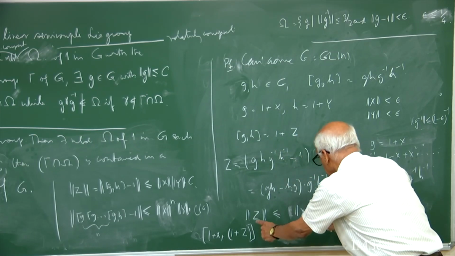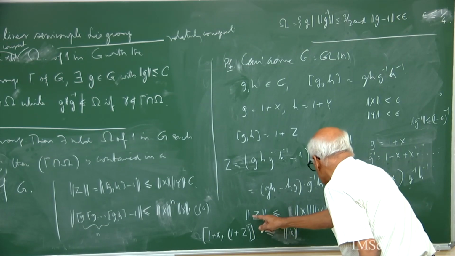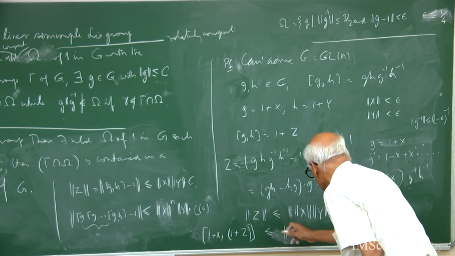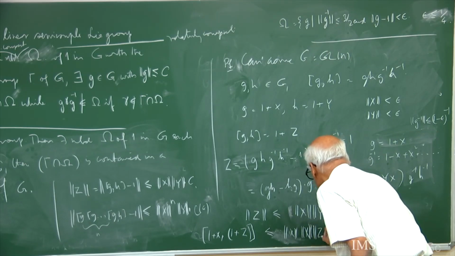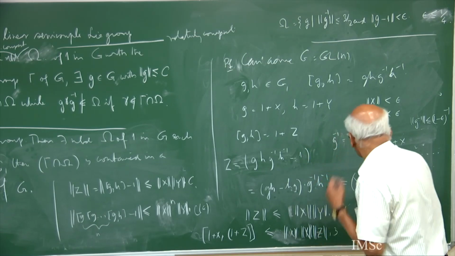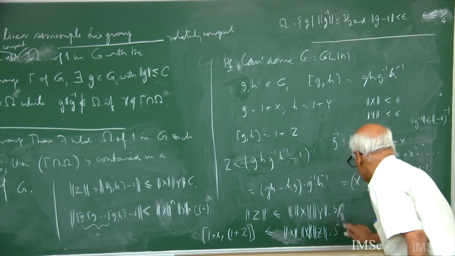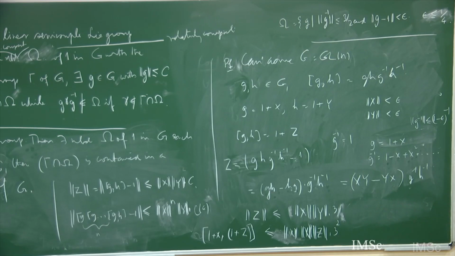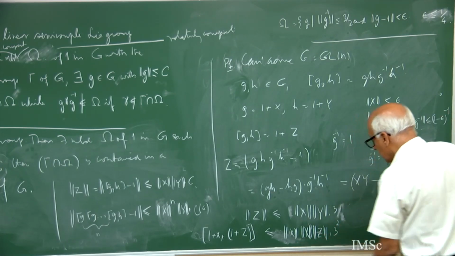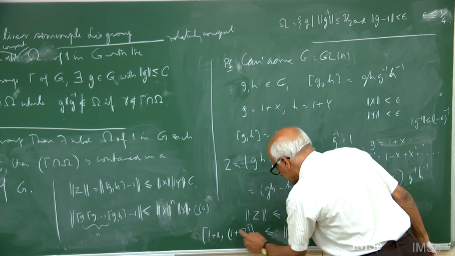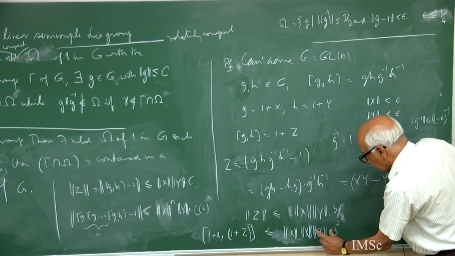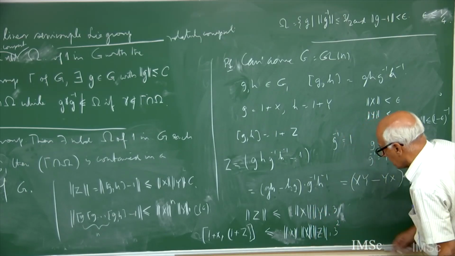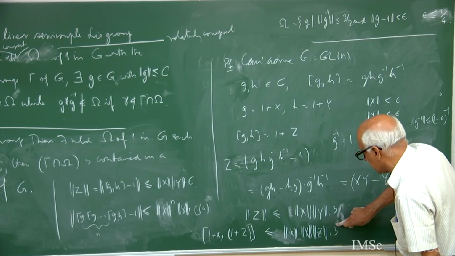I have to replace y by z, so norm y becomes norm z, and there is 3 still there.